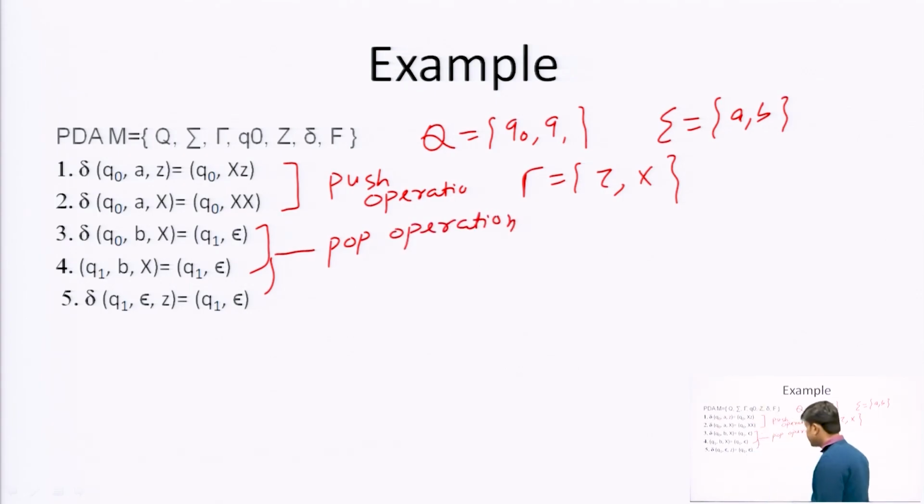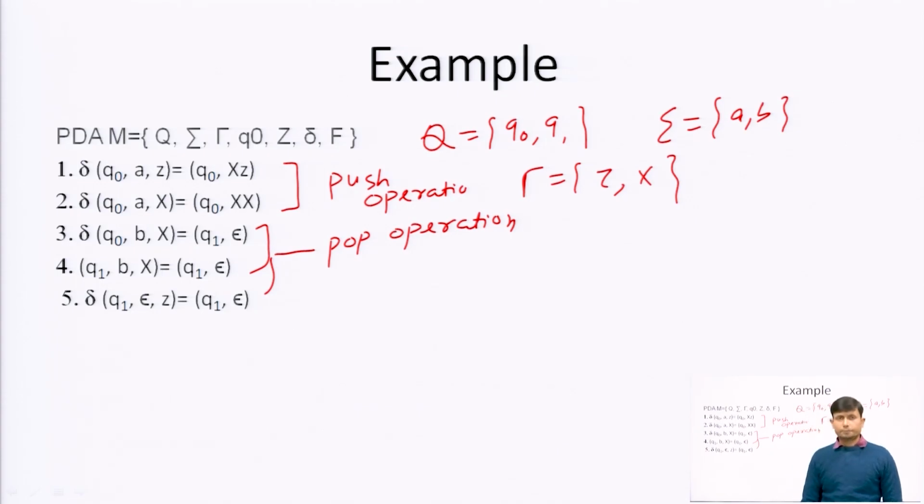So in the stack symbols we have only Z and X. When we read A, we push X into the stack. When we read B, we have to pop X from the stack. So this is the pushdown automata given.